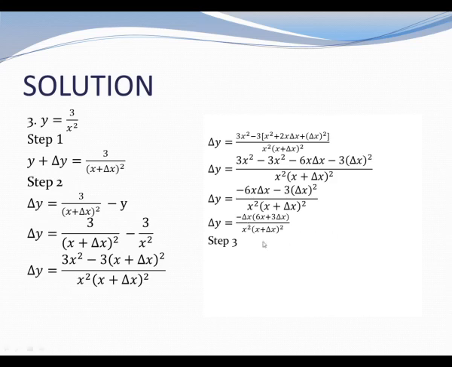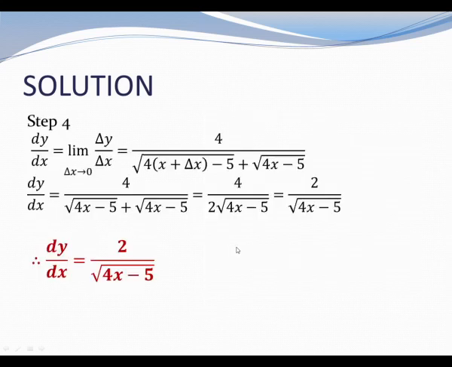For the denominator part, there is no need to expand into a binomial because we can remove the delta x in step number 4. So let us proceed to step number 3.